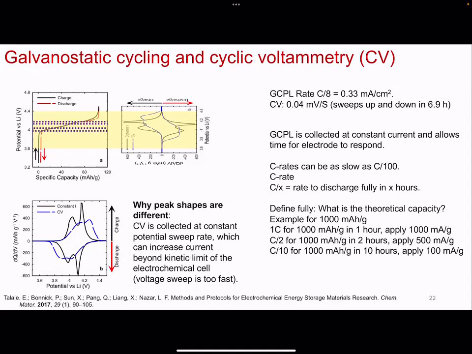Right. So this 2017 paper from Linda Nazar's group really goes into great detail as to why you would want to represent the data like this and why you would want to do galvanostatic cycling to understand the redox potentials of the material. Okay, so that's particularly useful.